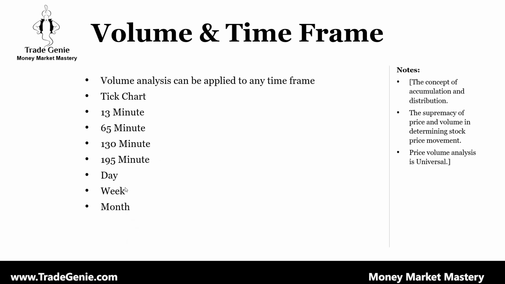So on your platform, you need to have a monthly time frame, weekly, day, and 195 minutes. You can put any other time frame, but I put 195 because there are 390 minutes in a trading day, so I just divide it into two. So this 195, day, week, and month is one time frame segment. It's a long term.